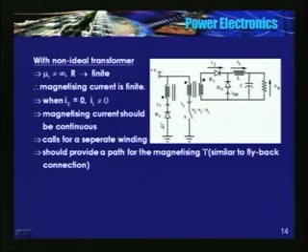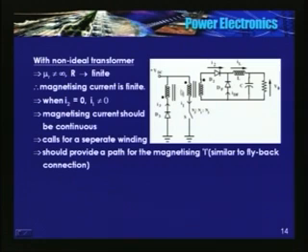Similar to a flyback connection. The only difference is that in flyback we connected a capacitor and a resistor, whereas here I am connecting it to the same source. So what is the voltage induced in this winding?